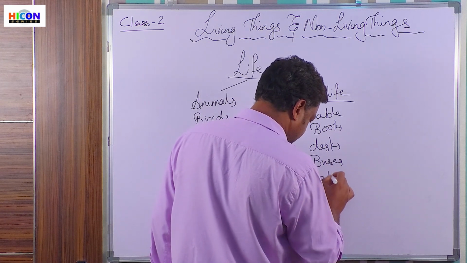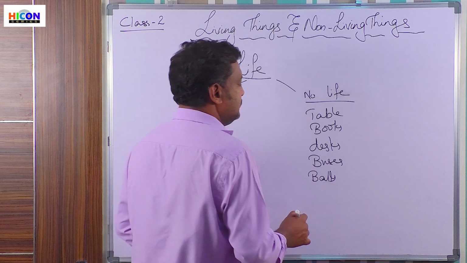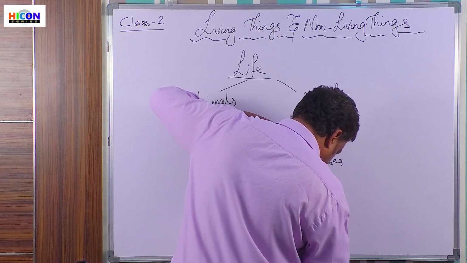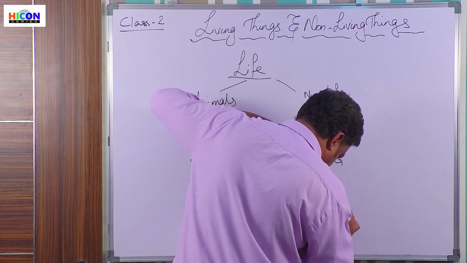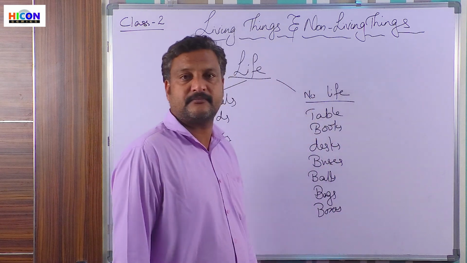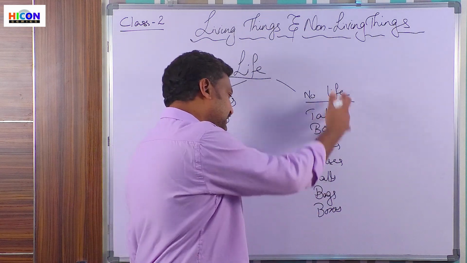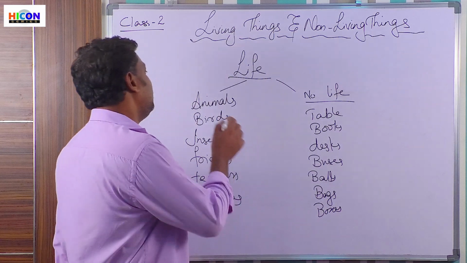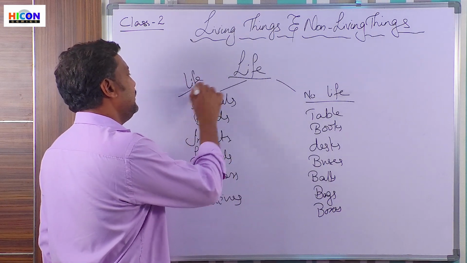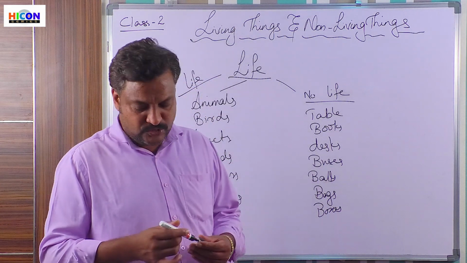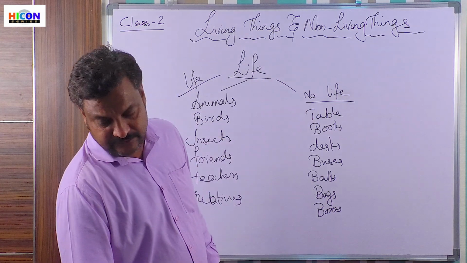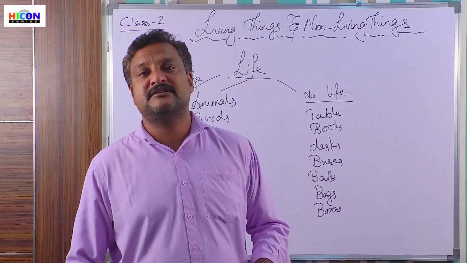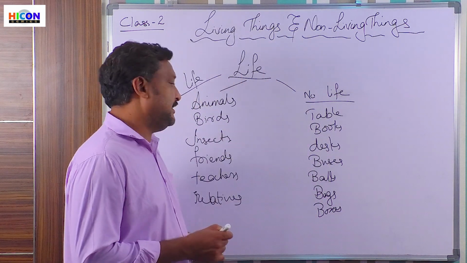Balls with which we play in the ground, then bags, boxes, tiffin box, lunch box, and all, right? So there are so many things around us which don't have any life. Some things have life in them, and some things do not have any life in them, right?